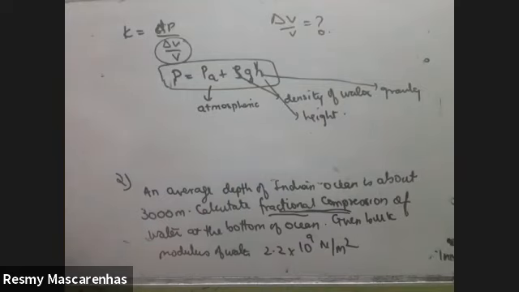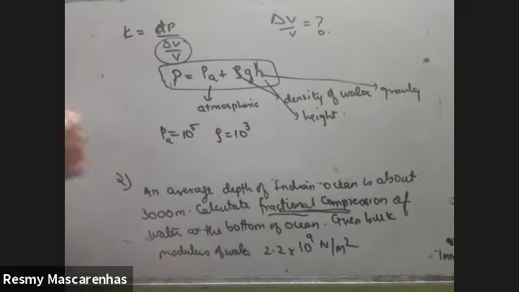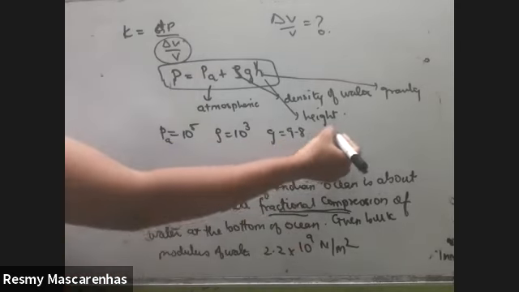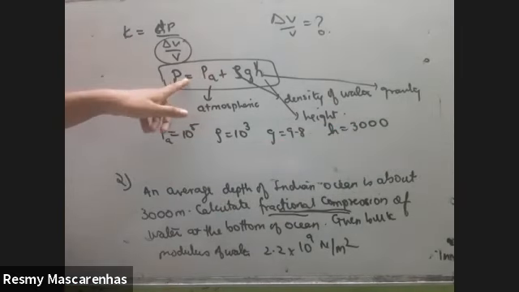These values are standard, fixed values. So we'll have to know these values. Sometimes they might give them in the question, or you may be expected to know. The atmospheric pressure is 10 raised to 5. Density is 10 raised to 3. g is 9.8. And height is given for the ocean. So just put in here, you'll get the value of P.